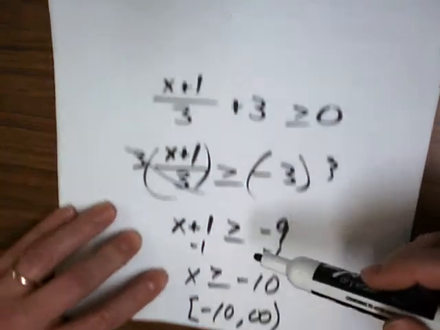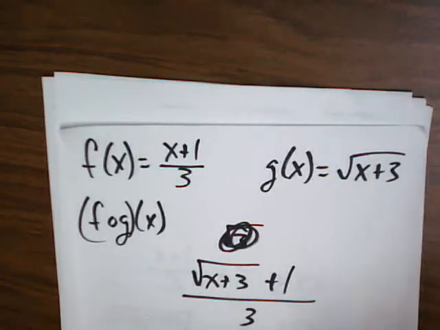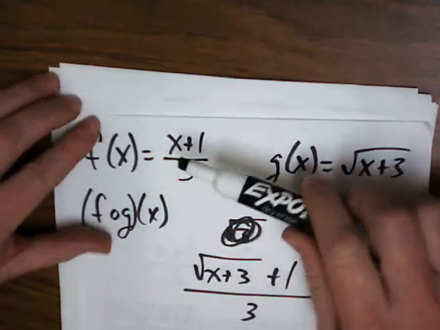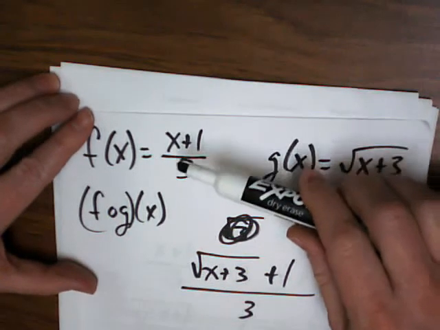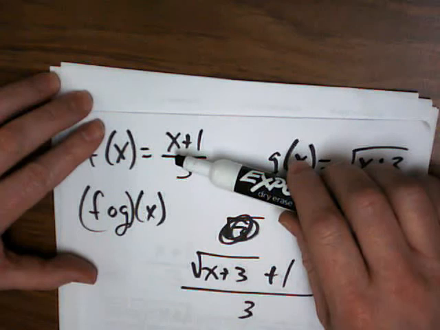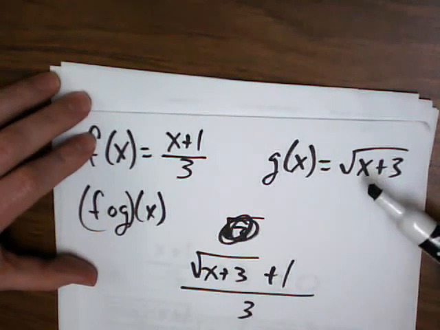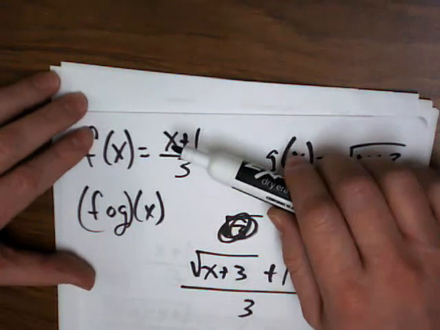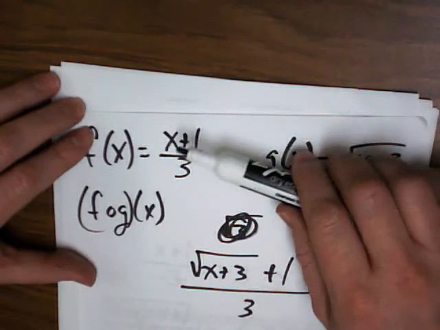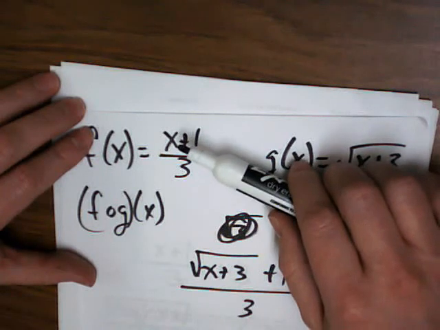So check it out. There's all kinds of numbers you can plug into this, but if you plug in anything that is negative 10 or bigger, you'll get an output that, when you add 3 to it, will be positive. Now, if you put in something that's not in the domain, like say negative 11, negative 11 plus 1 is negative 10.